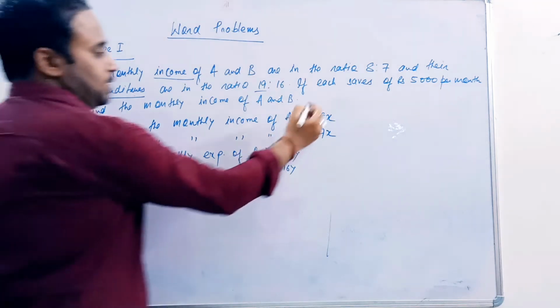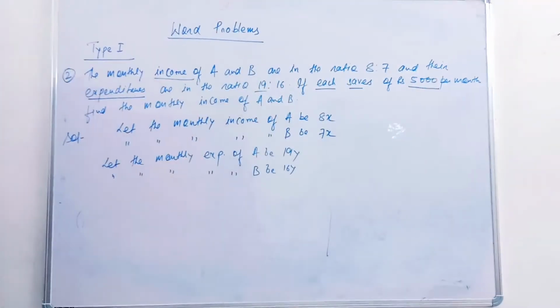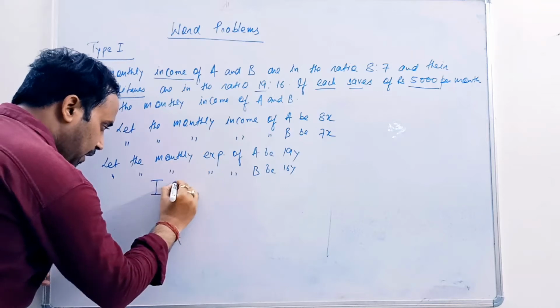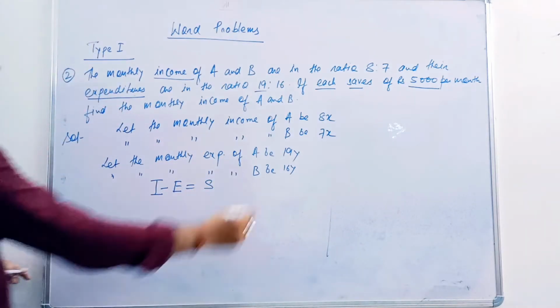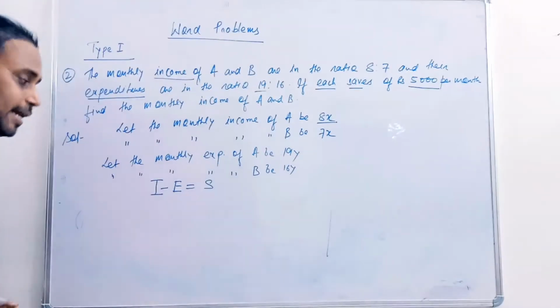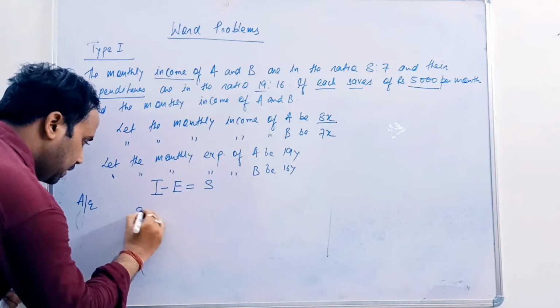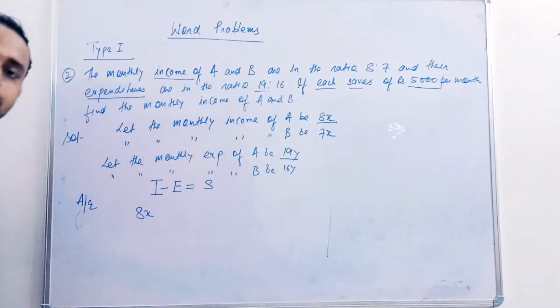Now the next part of the question says, if each saves 5,000 rupees, and we know earlier that income minus expenditure is equal to saving. So A's income is 8x. Write down according to the question: 8x. A's expenditure is 19y.